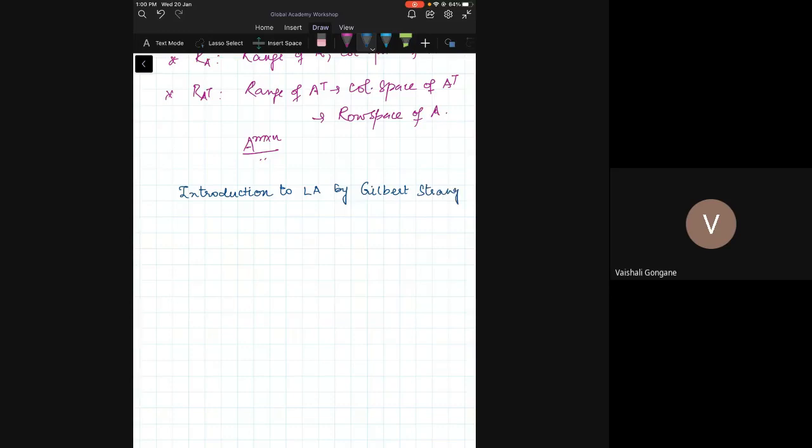There is a book on linear algebra, applied and pure, by Edgar Goodaire. This is a fantastic book.